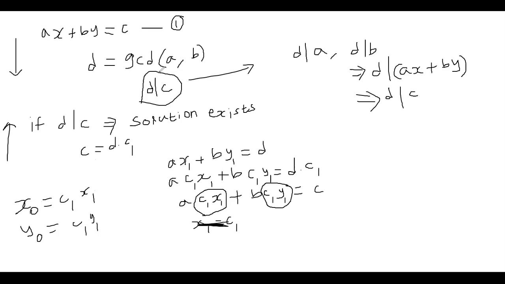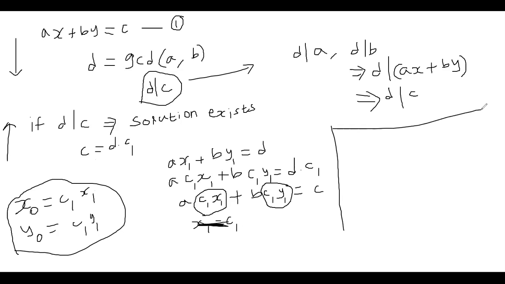Okay, a solution. Okay, what about other solutions? Well, it's easy to see other solutions. I'll generalize this, right? This is a solution. What are the other solutions? If x0, y0 is a solution to the equation 1, other solutions are x0 plus n times something, where n is some integer.